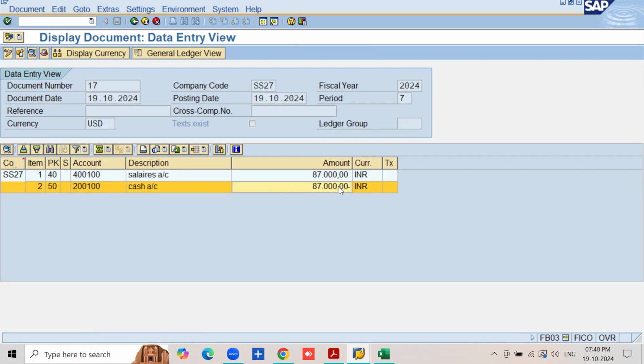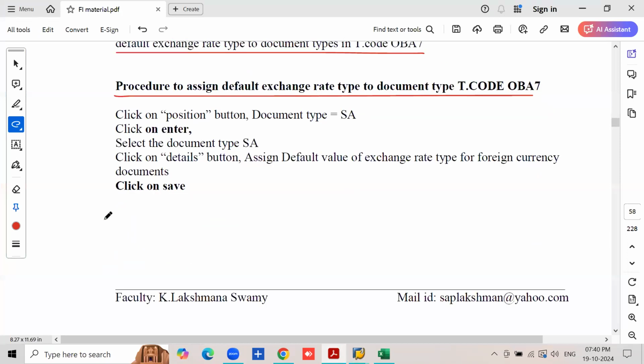But there are some normal standards, right? Normally, the GL transactions, that is document type SCA, will be converted at the bank average rate.